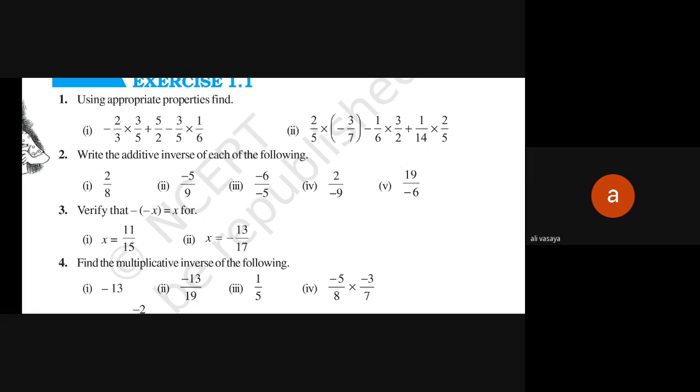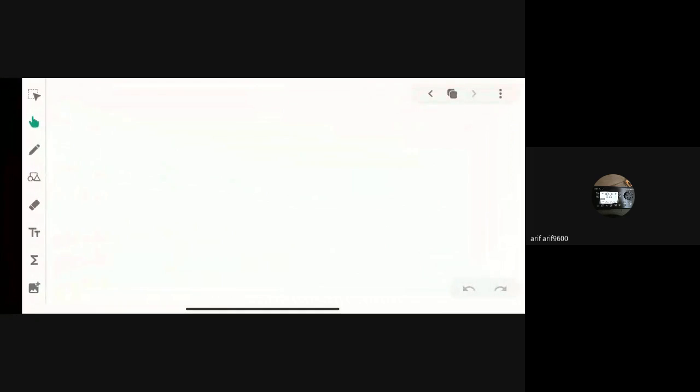It is the basic difference between additive inverse and multiplicative inverse, right? So you can see 2/8. What is the additive inverse of it? We have to change the sign. -2/8. Exactly. The number is positive, so it becomes negative whenever you take the additive inverse. So what is the answer in question number 2? -2/8. Sir, the answer is -2/8.